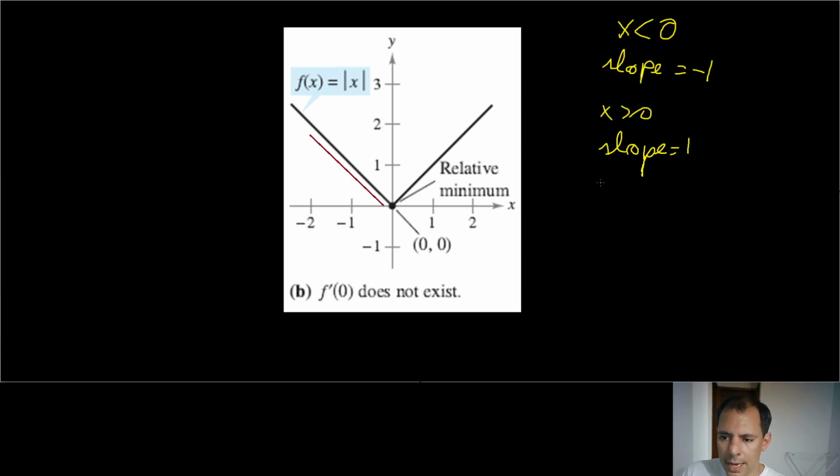So as x approaches 0 from the right, you got a positive slope, and x approaching 0 from the left, you got a negative slope. So the limit of the slope at 0 doesn't really exist.